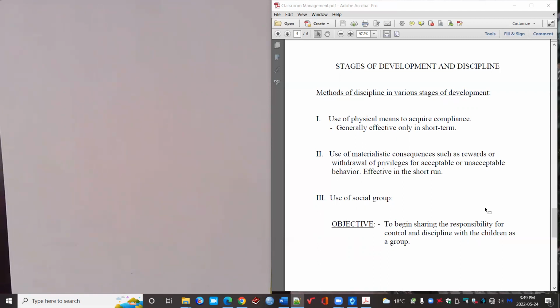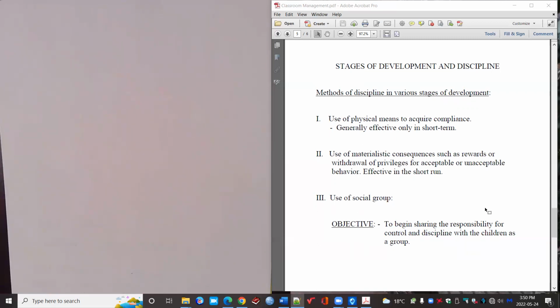So at stage 5, people evaluate existing rules and see if they are applicable. Stage 6 is following universal principles: do unto others as you would have others do unto you. That type of thing.